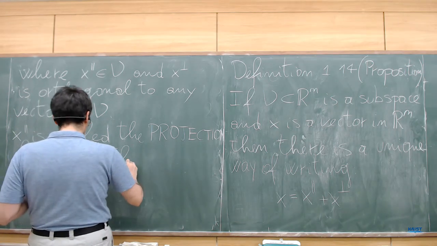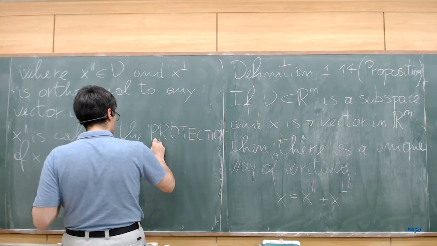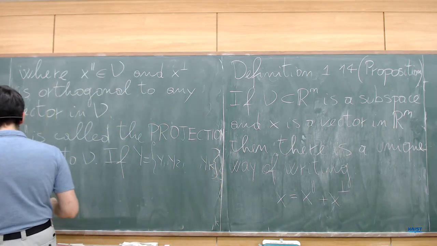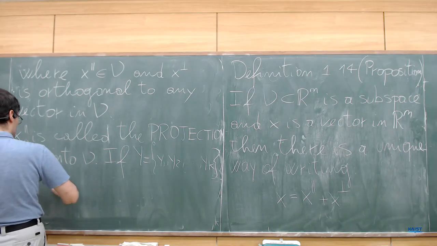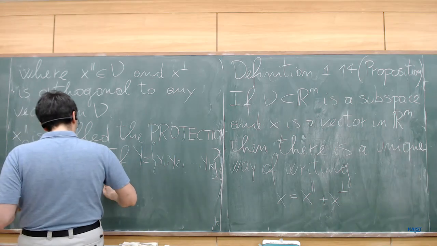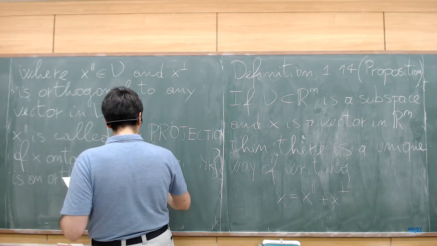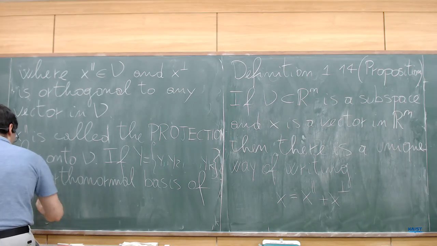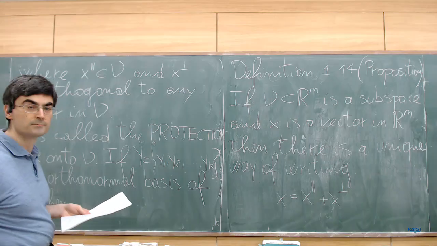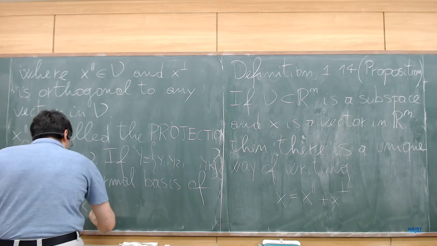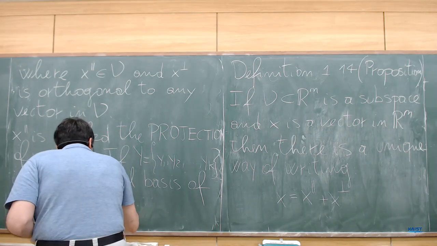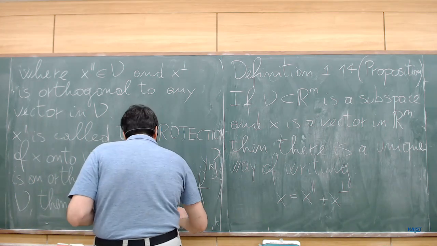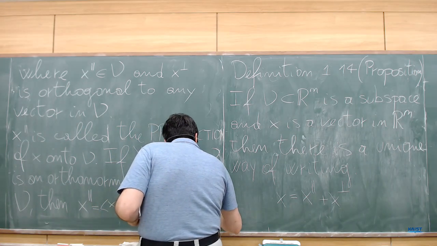And if Y equal to y1, y2, ..., yk is an orthonormal basis of V, then we have a formula for x parallel. x parallel is equal to the inner product of x and y1 times y1 plus ... plus the inner product of x and yk multiplied by yk.